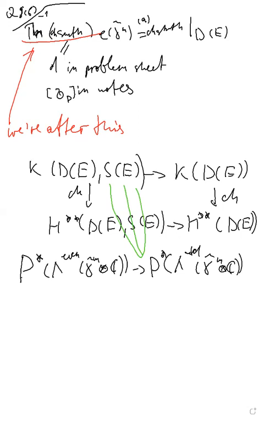And then under the dot map, this isomorphism goes to just lambda even minus lambda odd.